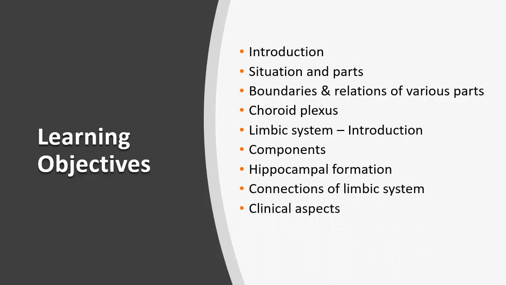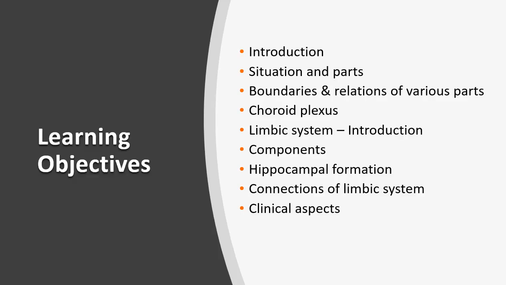And the clinical aspects: any lesions of the limbic system, and what clinical symptoms we can encounter. So we will be discussing these. Those are our learning objectives, which I have just listed.